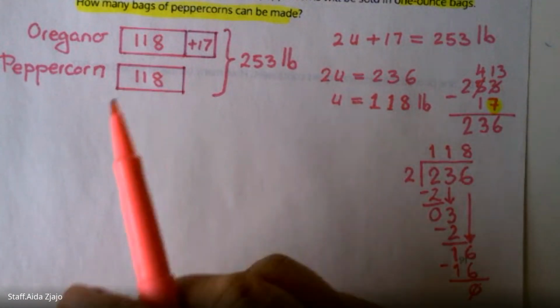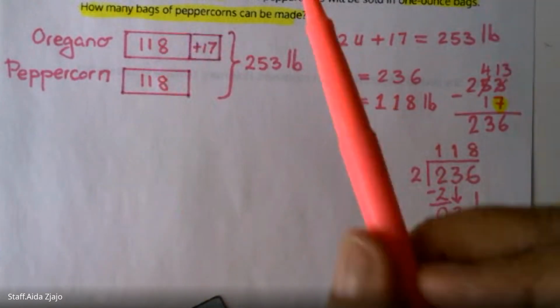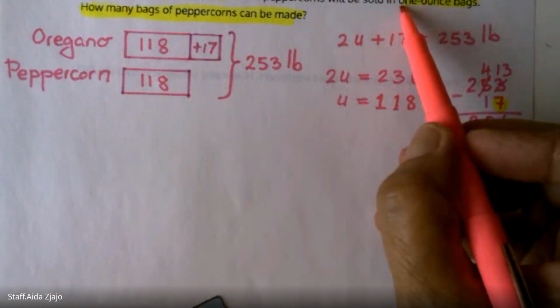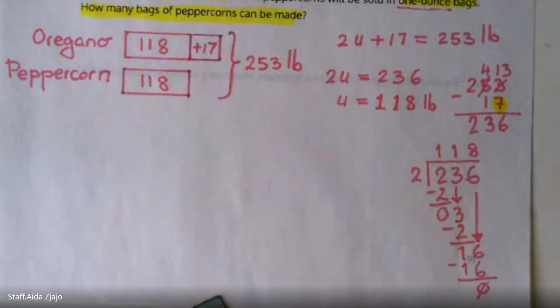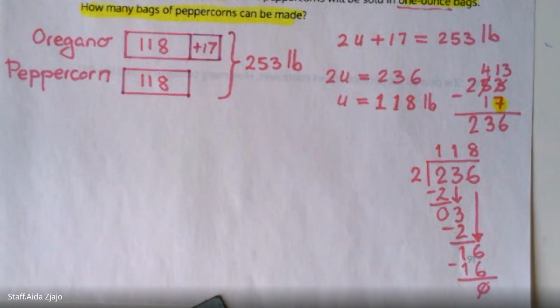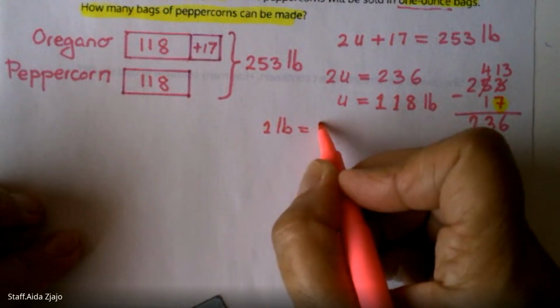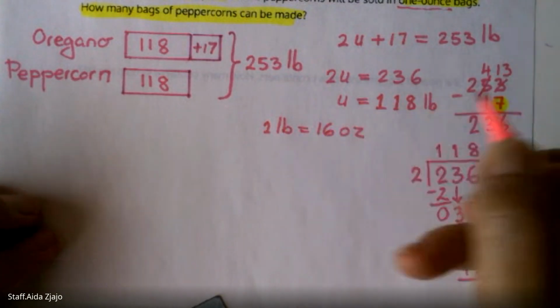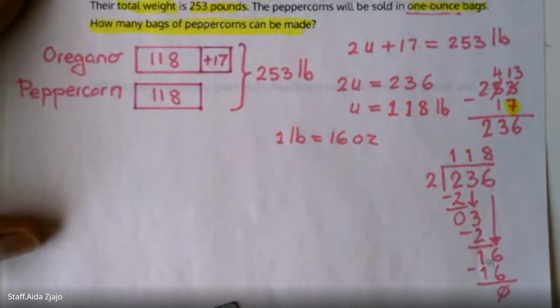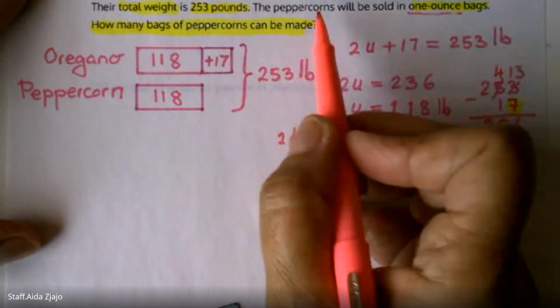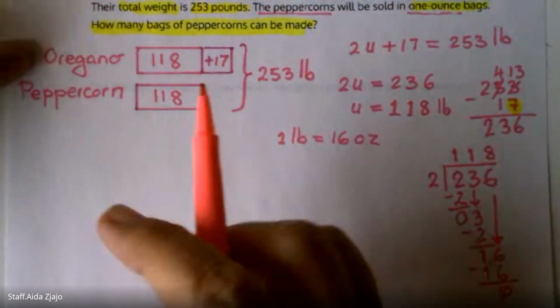Okay, so now the question is, how many bags of peppercorn can be made that are 1 ounce bags. So if you have 1 pound, 1 pound is equal to 16 ounces. So here they want the peppercorn to be sold in 1 ounce bags, just peppercorn, not oregano.